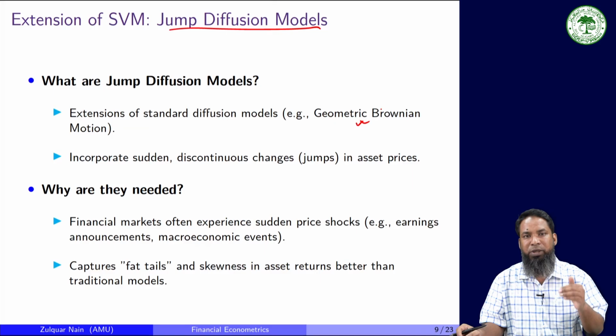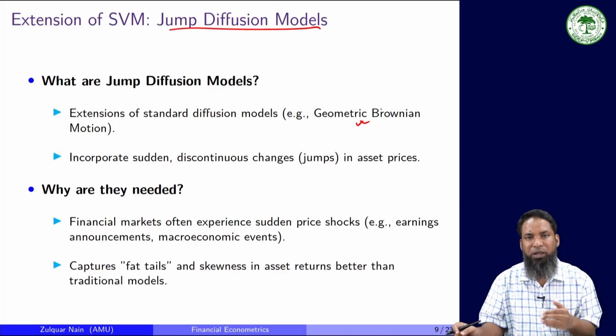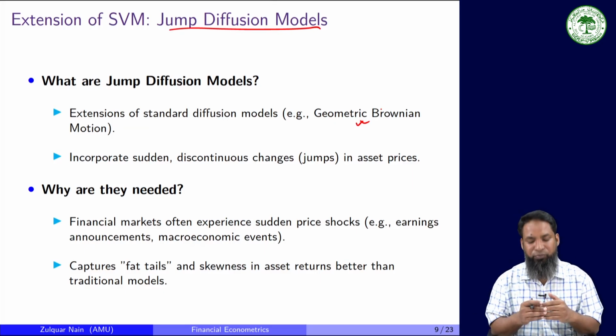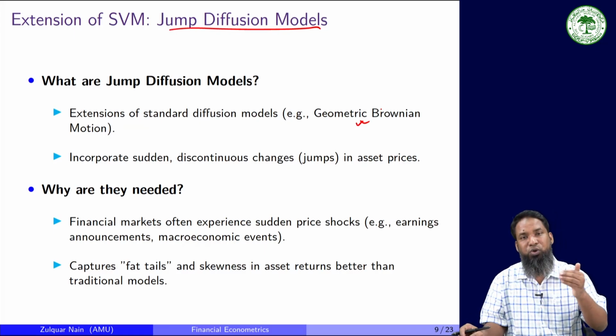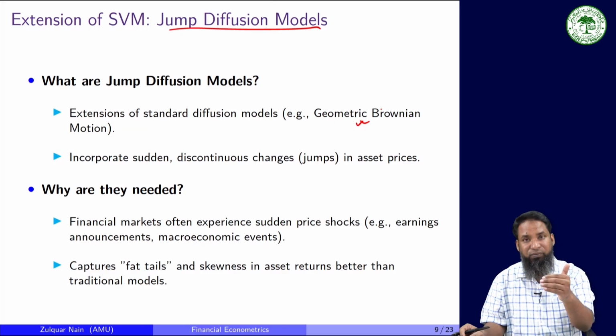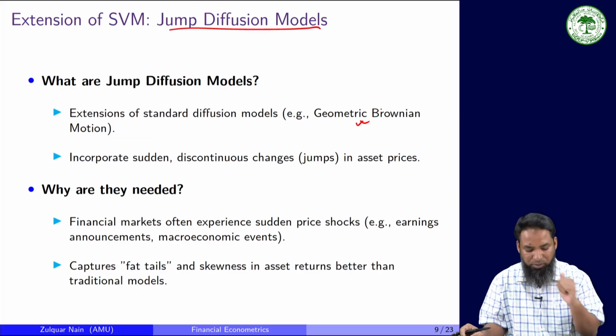If the earnings announcement is more than expectation, obviously there will be a positive change. If it is less than the expectation, often we can observe a negative jump. Or there could be some macroeconomic or geopolitical event which could create a jump in the stock prices. In that case, we need this kind of jump diffusion model rather than the simple stochastic volatility models.